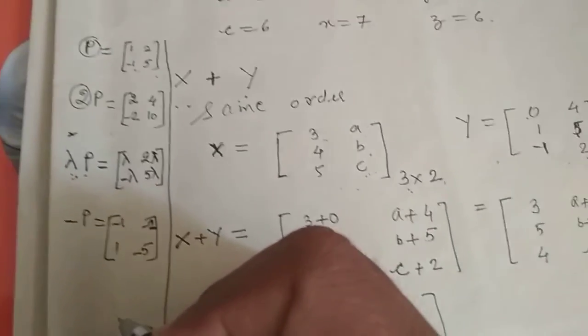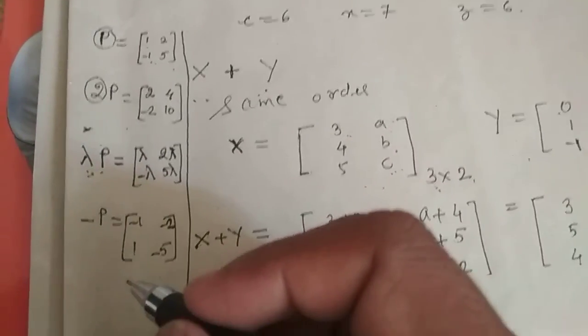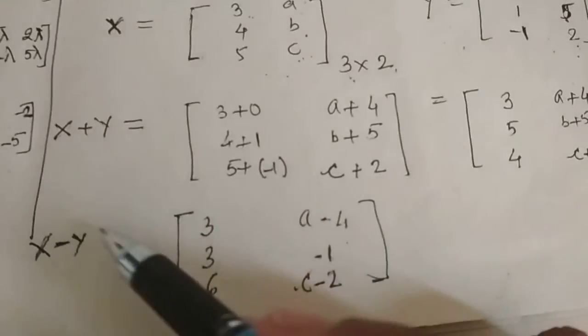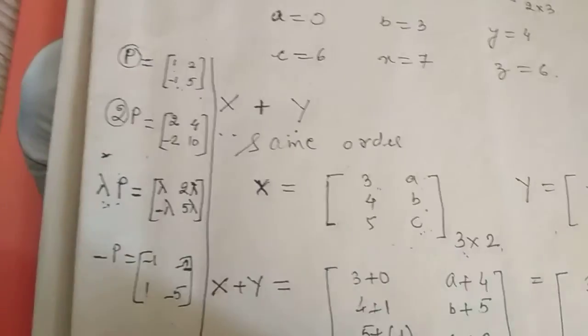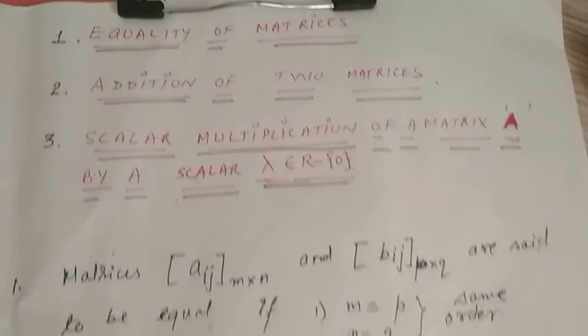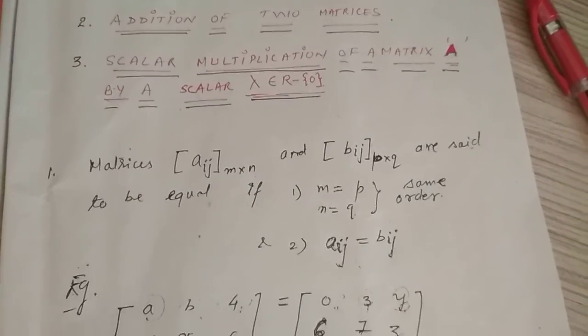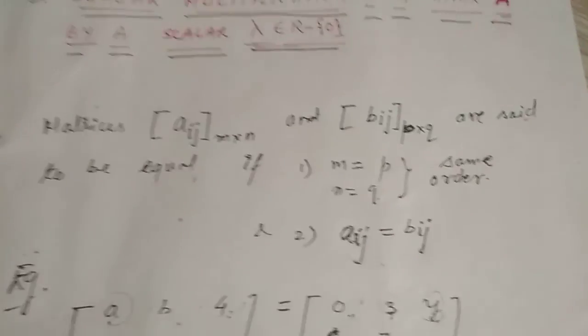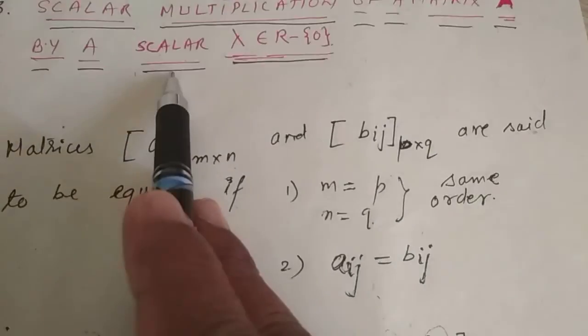So this is how you can obtain the negative of a matrix, and that is what we have done in X minus Y as well, and then we have added up. Then I hope you have understood the three topics: equality of matrices, addition of two matrices, and scalar multiplication of a matrix by a non-zero scalar quantity.